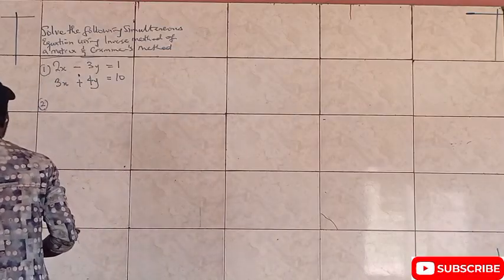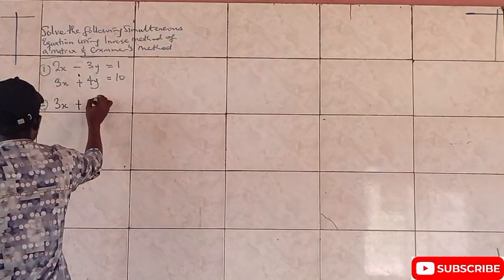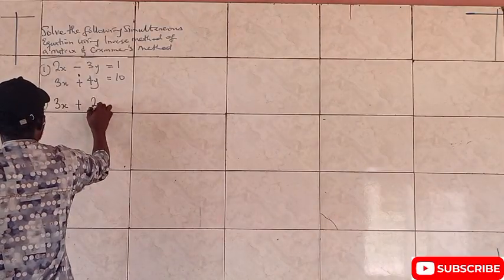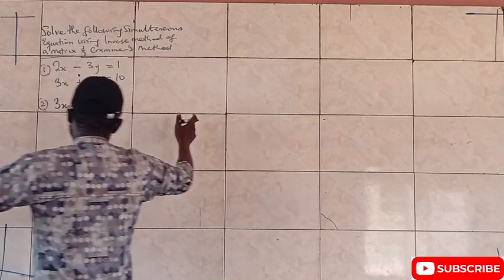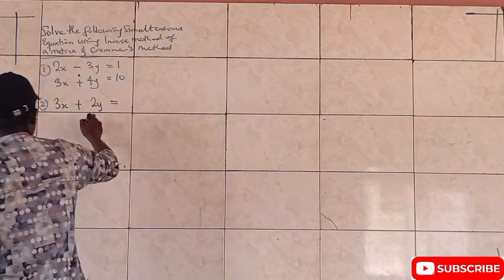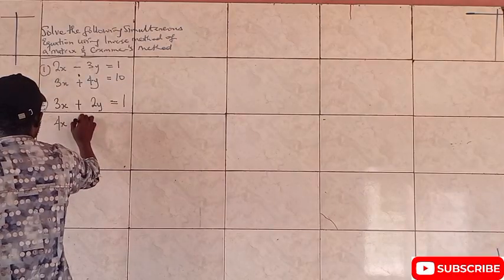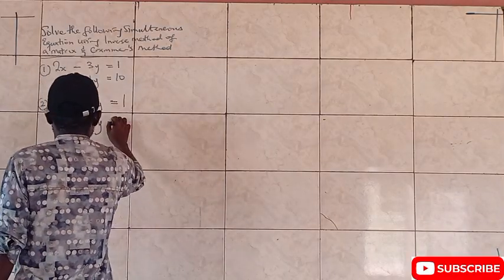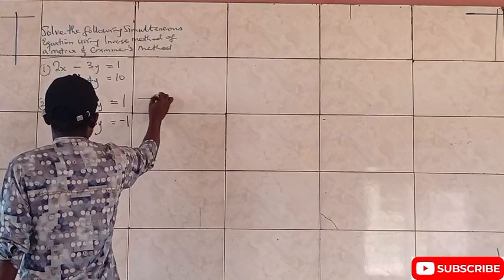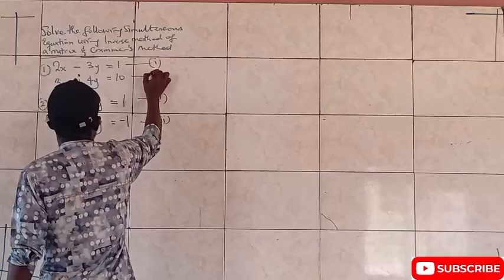For instance, 3x plus 2y equals 1, then I have 4x plus 5y equals minus 1. Then this is equation 1, equation 2.